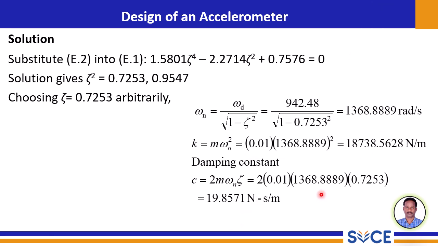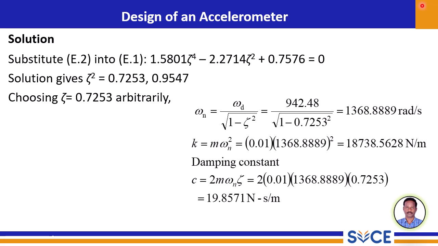It's worth noting that the reason for choosing one value over the other might depend upon the physical constraints or typical design considerations of an accelerometer. For the sake of the solution, we've taken 0.7253 and ended with the damping value 19.8571.